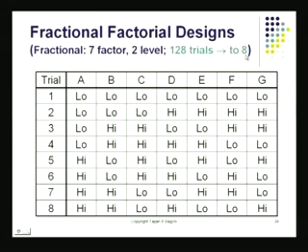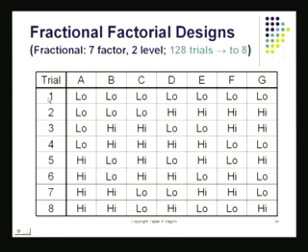I'm running only 8 trials, and I'm running a special scheme. This special scheme is run in such a way that I can cover 2 settings of A, 2 settings of B, 2 settings of C, 2 settings of D, 2 settings of E, 2 settings of F and 2 settings of G.